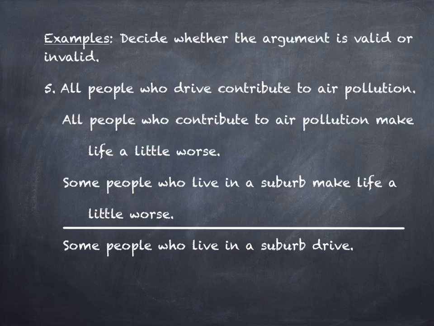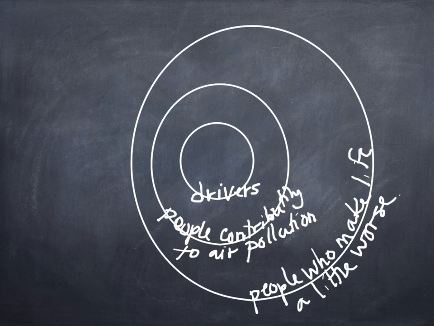Now, we have one more statement here. It says, some people who live in a suburb make life a little worse. And I don't want you to get confused by the word some. So the word some here, when we're drawing the first pictures, could mean we overlap circles, right? That's true. But that last line generally is easiest to be thought of by doing the X. So we're going to let X represent some people. So X is my some people.